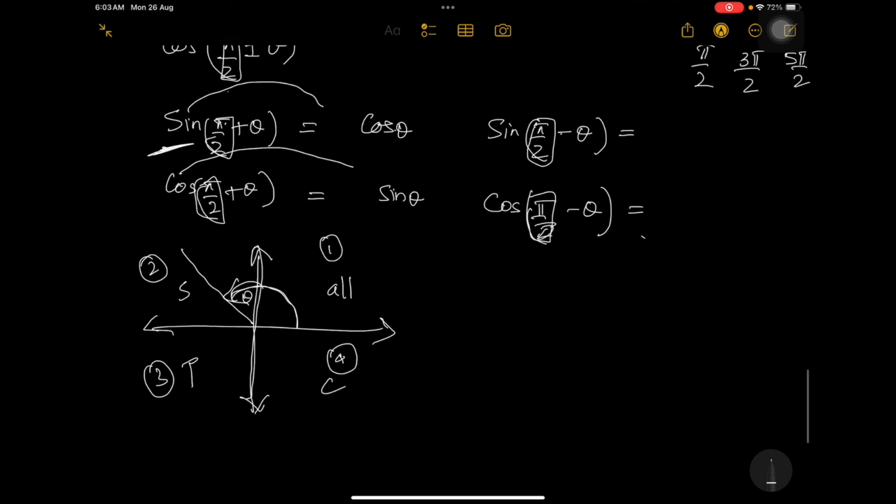It's going to be the second quadrant. In the second quadrant, the sine value is positive, so it is positive. And in the second quadrant, for pi by 2 plus theta, the cosine value is negative, so it's going to be negative.